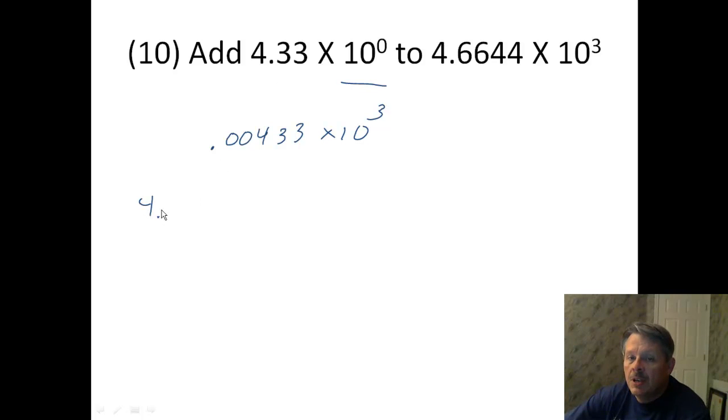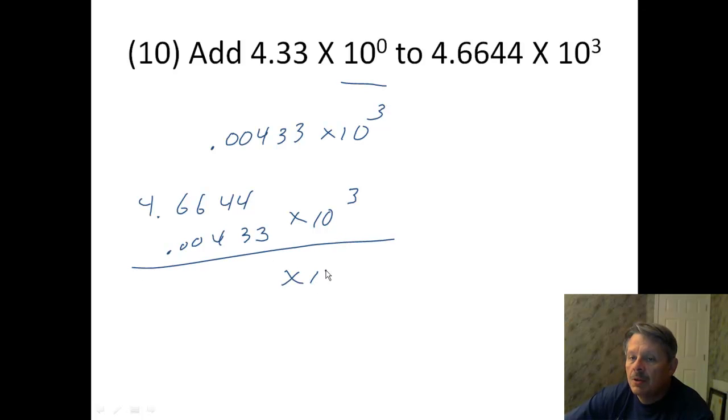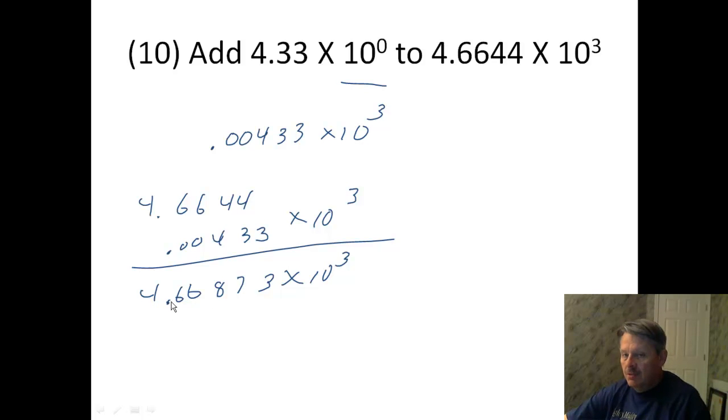So I take 4.6644, and I take 0.00433. They're both times 10 to the 3rd, so my answer is going to be times 10 to the 3rd. That's a 3, that's a 7, that's an 8, that's a 6, and a 6, and a 4. 4.66873 times 10 to the 3.